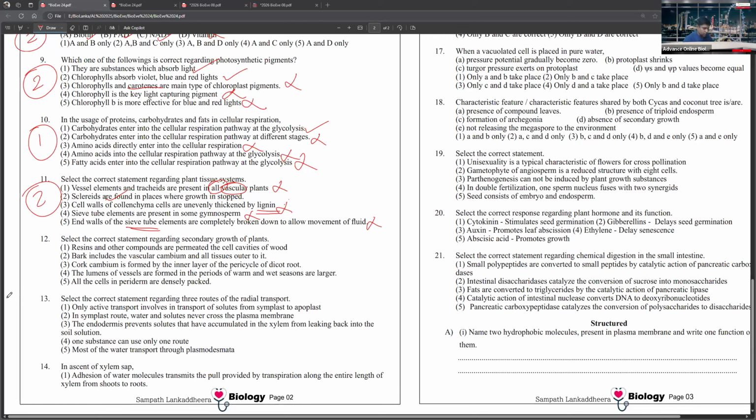Right. Question number 12, 13, 14. We'll mark them too. Select the correct statement regarding secondary growth of plants. Resins and other compounds permeate the cell walls of the wood. Resins and other compounds permeate the cell cavities of wood.